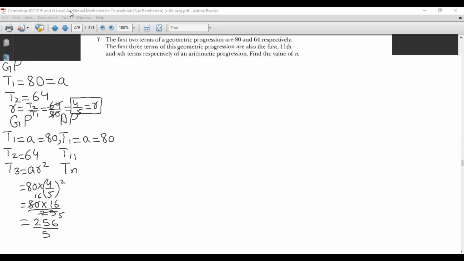That is the value of T3 in the geometric progression. This I have got.